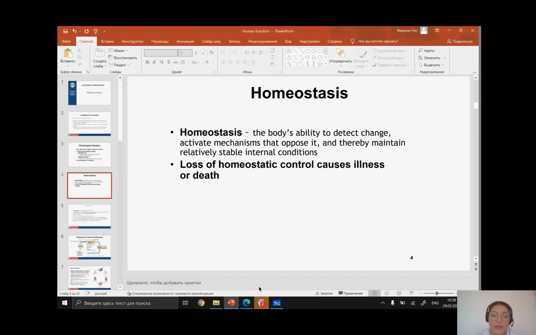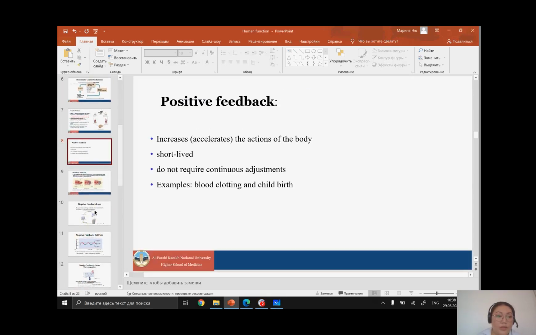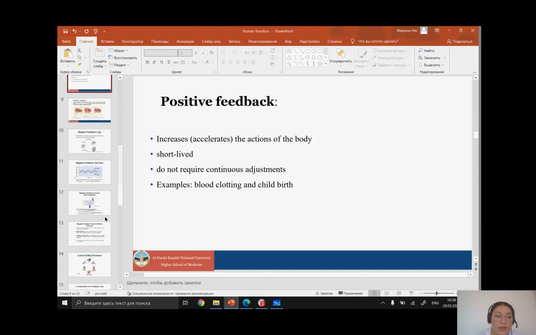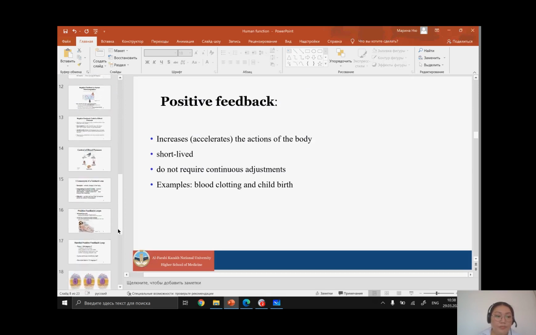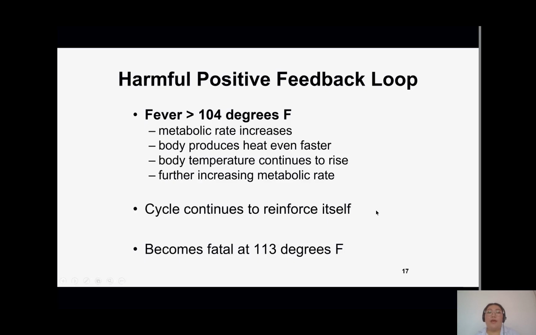For this, I need to open the slide. As you can see, the harmful positive feedback loop: the fever, again, the fever.